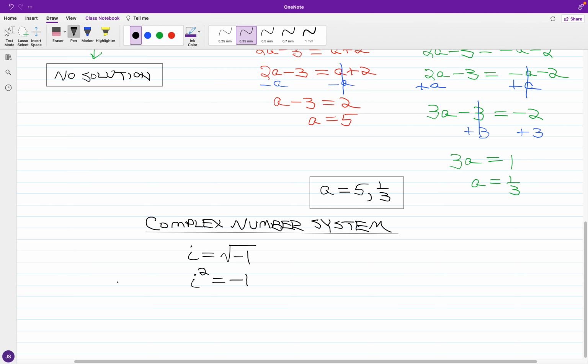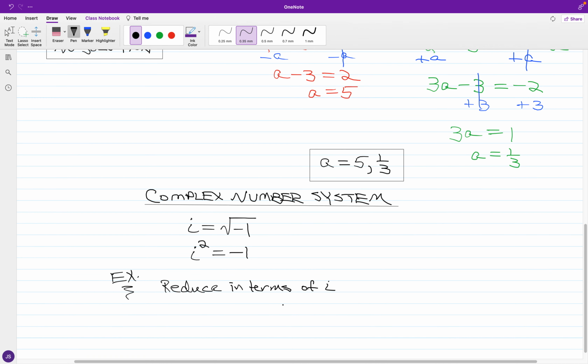And just to give you a view of how complex numbers can be expressed, let's say I'm looking at reducing in terms of the variable I. Now let's say we have as a first instance the square root of negative 25.